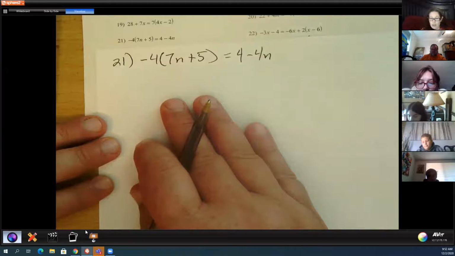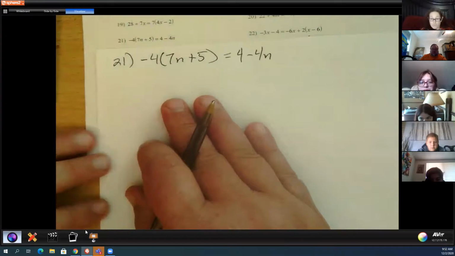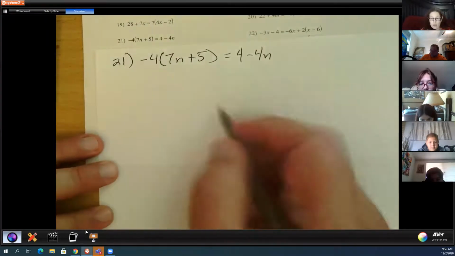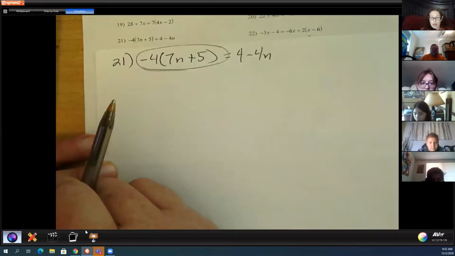Starts with a D. Come on, guys. You have to do it in the parentheses first. Distribute. We're not going to divide. You're real close. It's going to be distribute, right?